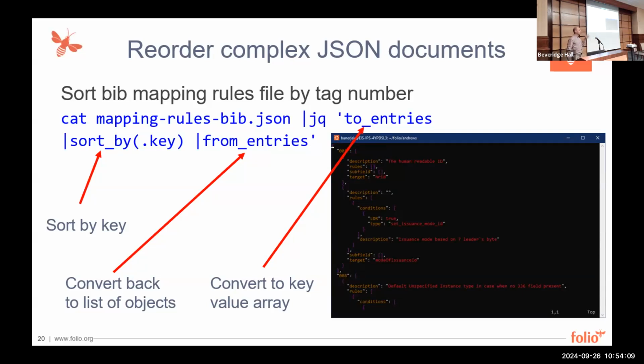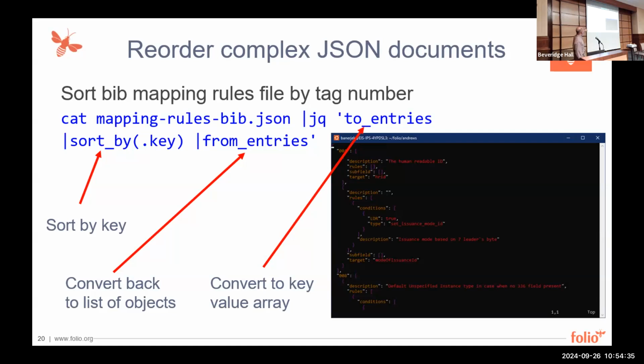In a typical FOLIO installation it's only around 7,000 lines long. Someone will say, we need another title field, let's put it in here. One easy way to do that, instead of doing it from scratch, since each field is dozens of lines, is to copy one, but then you need to get it in the right place. A much easier way, rather than moving it around, is to just sort it by the keys I have.